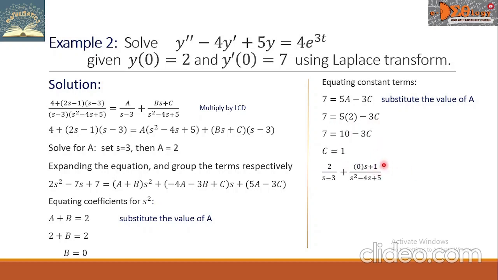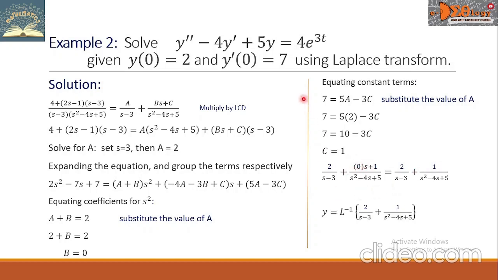Let us substitute the values of a, b, and c in this partial fraction. So we have 2 over s minus 3 plus 0s plus 1 all over s squared minus 4s plus 5. Cancelling the 0 here, it becomes 1.